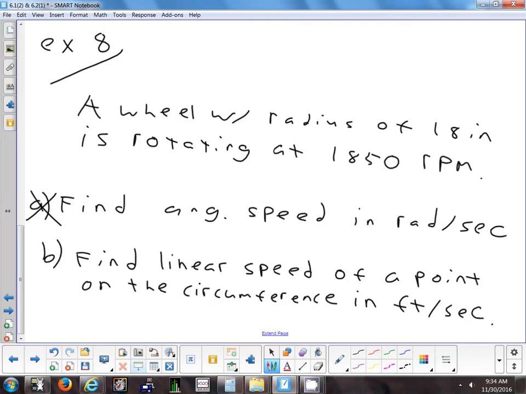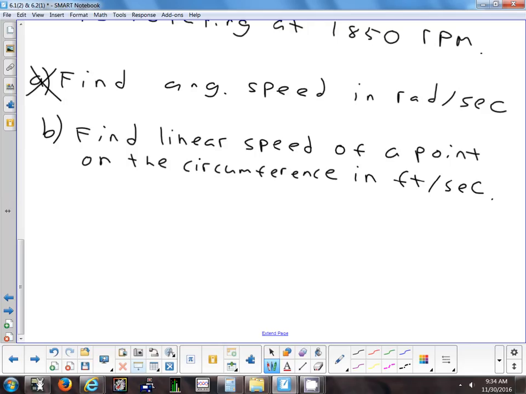So what's the angular speed of this wheel? How fast is it spinning? 1850 RPM. And that's 1850 what? Revolutions per minute. 1,850 revolutions every 1 minute. So that many revolutions in a minute.